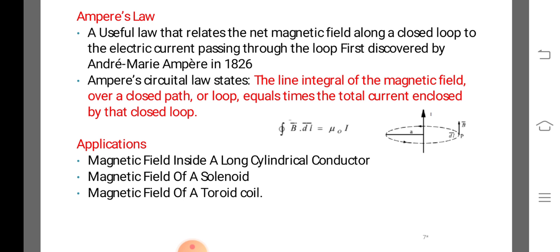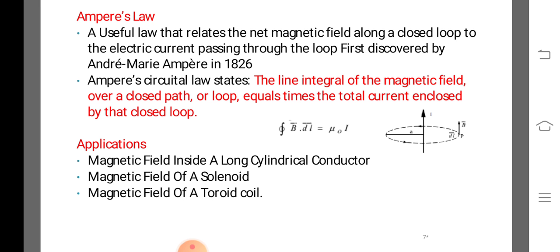Second concept is magnetic field intensity at a point on the axis of a circular ring carrying current. A ring of radius rho carrying a current is shown in the diagram. The aim is to find the magnetic field intensity at the point P at height h from the plane of the ring along the axis.